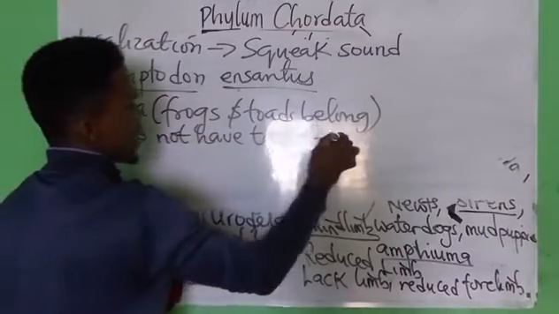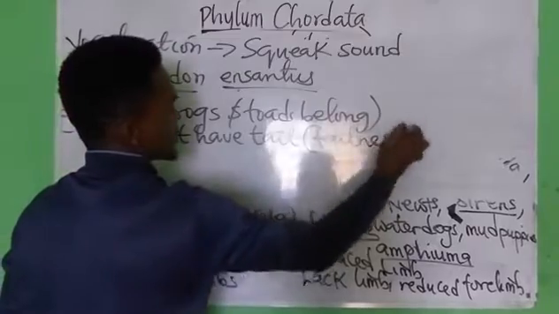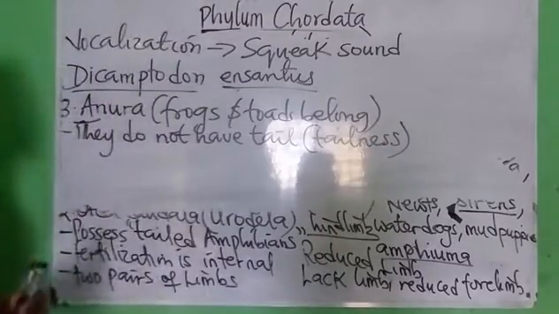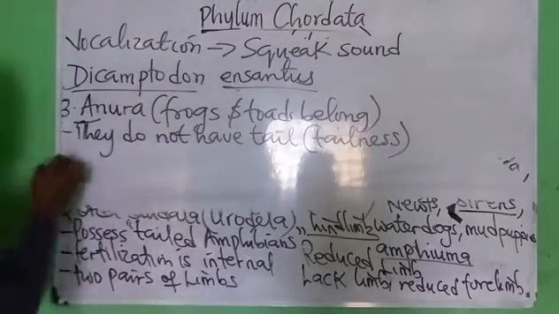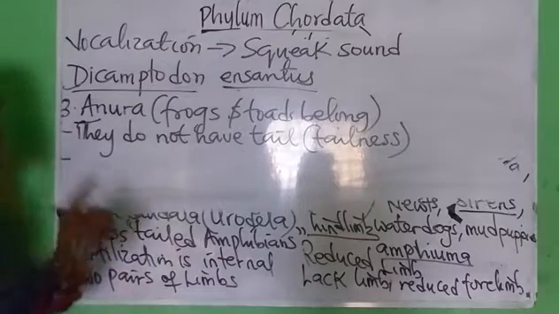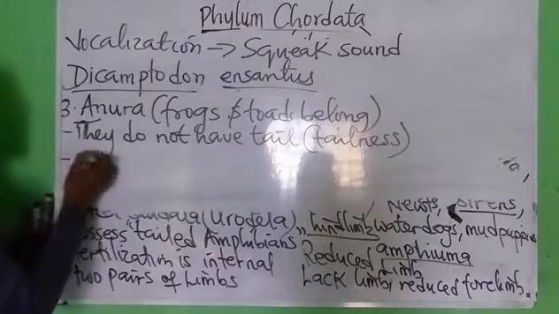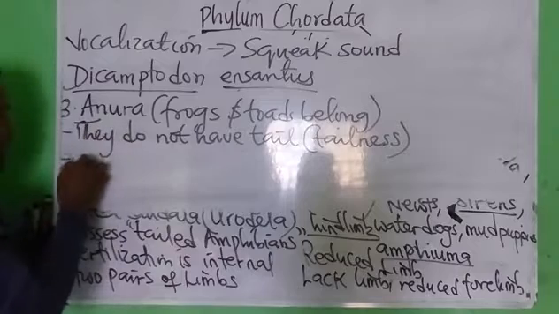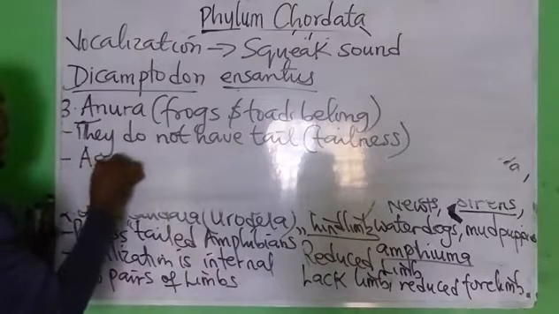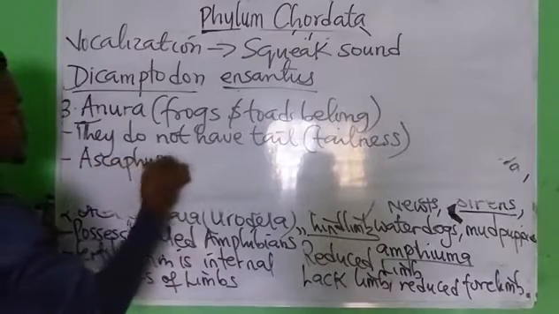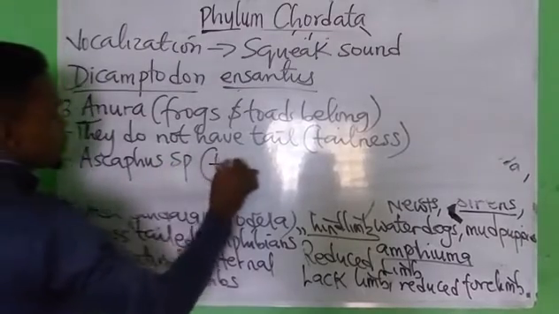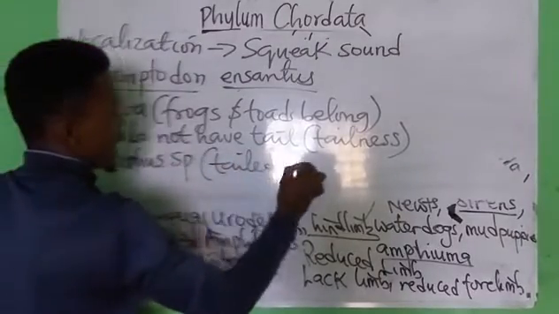Therefore, you say they are tailless. All right, they are tailless. They do not have a tail at all. However, there's one species that has a tail. This tailed anuran is called Ascaphus species. Right? It is called tailed anuran.